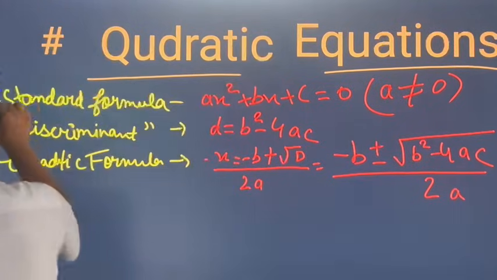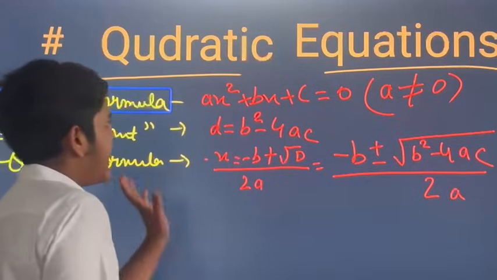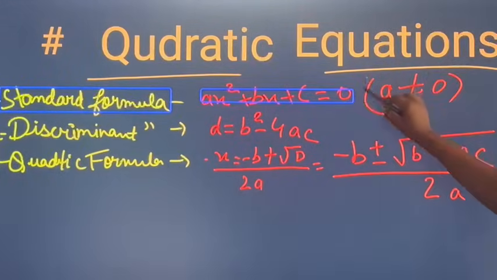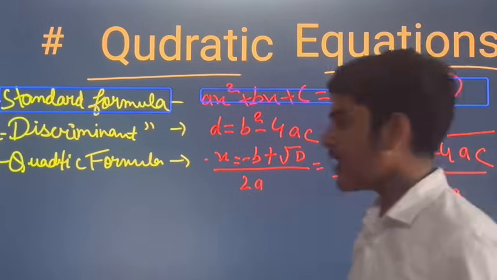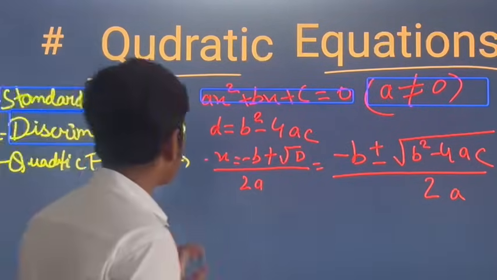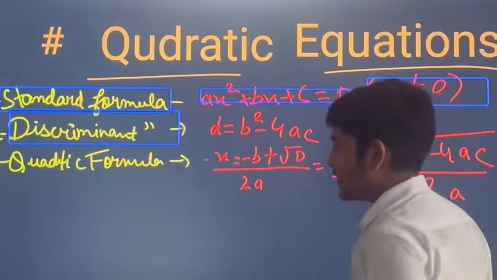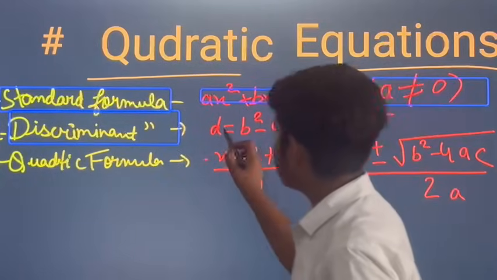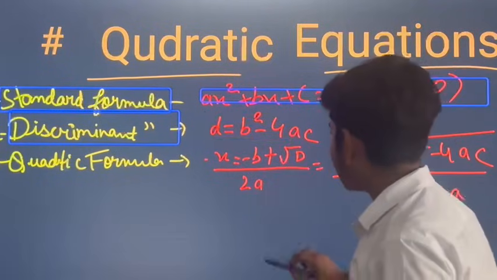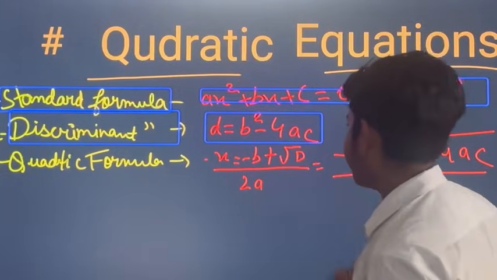Yes, the standard formula is ax square plus bx plus c is equal to 0 and a not equal to 0. The discriminant formula: d is denoted as discriminant and d is equal to b square minus 4ac.